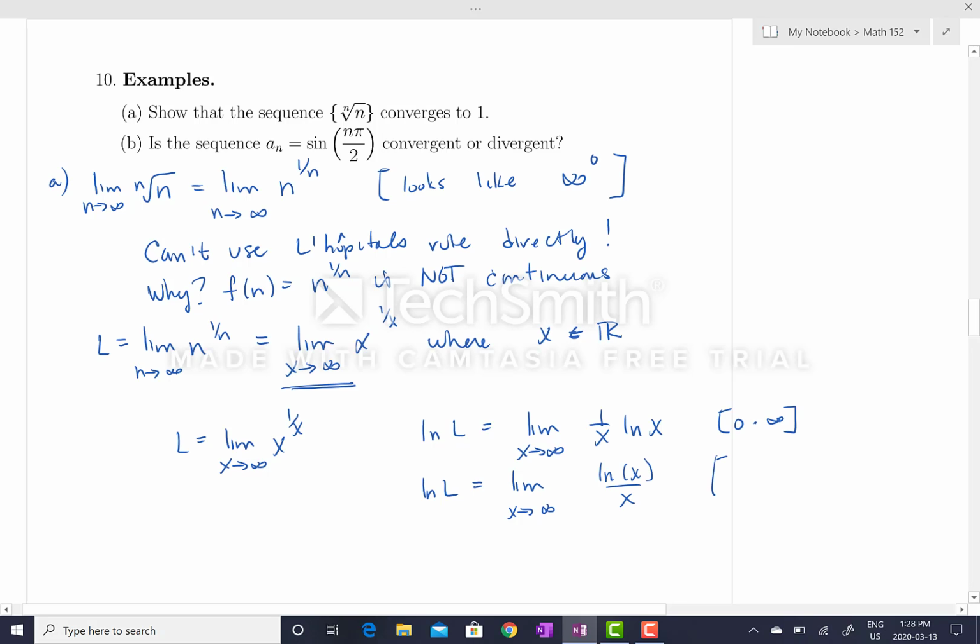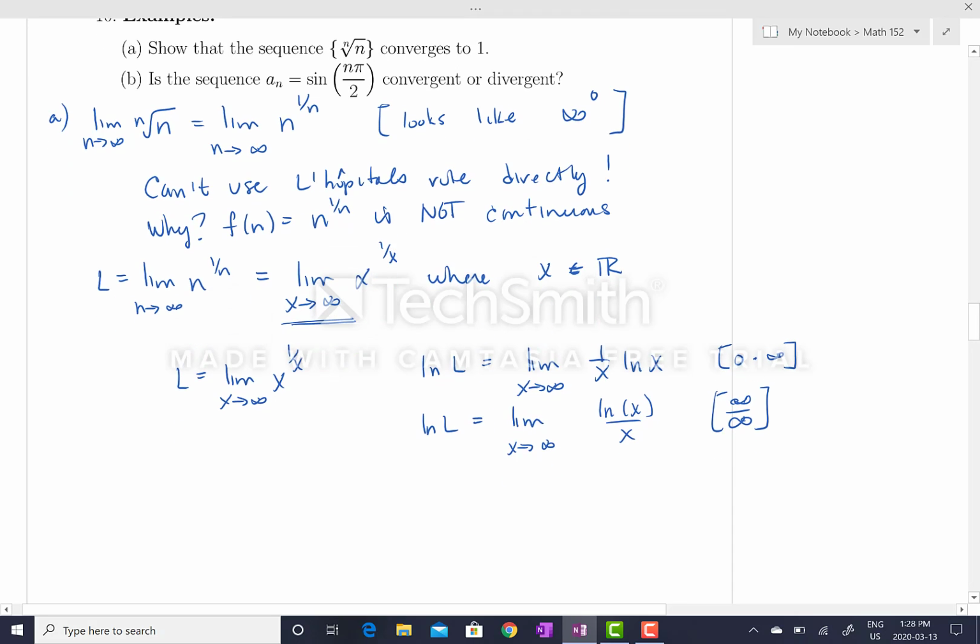And now I have that indeterminate form, infinity over infinity. Then I can use L'Hopital's rule, which I'm going to just indicate on my equal sign. I'm going to take the limit as x goes to infinity, and take the derivative of the numerator and denominator. The derivative of log x is 1 over x, and the derivative of x is 1.